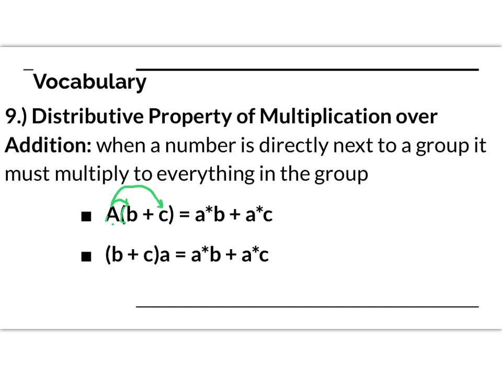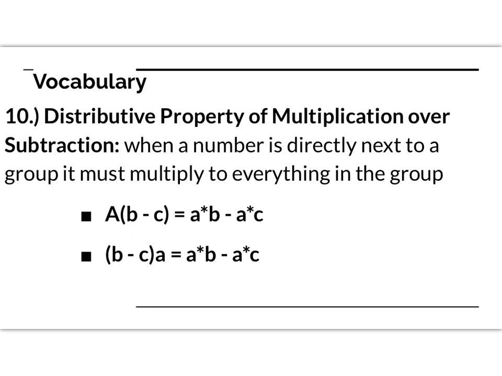And it is the same whether the number on the outside is in the front or in the back. You still have to multiply and multiply. And then you have a distributive property of multiplication over subtraction. So again, multiply the A to the B and the A to the C, whether it's in the front or the back.